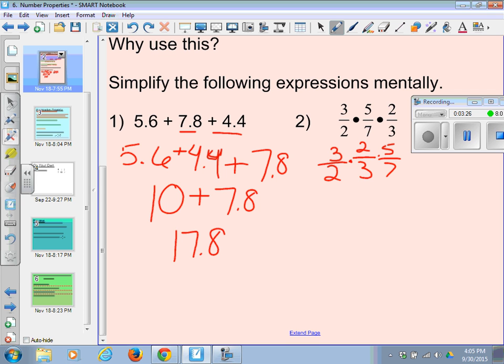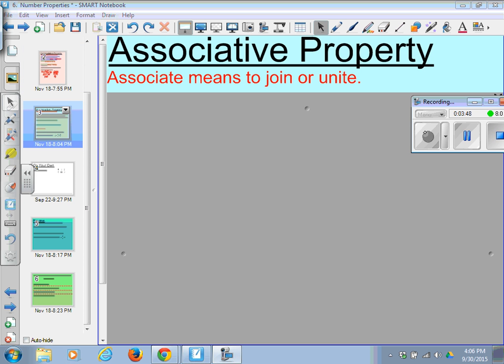Now we can easily see that our 3's will cross cancel, and so will our 2's, leaving us just 1/1 times 1/1 times 5/7, which will give us an answer of 5/7. So that's why we would use our commutative rule.